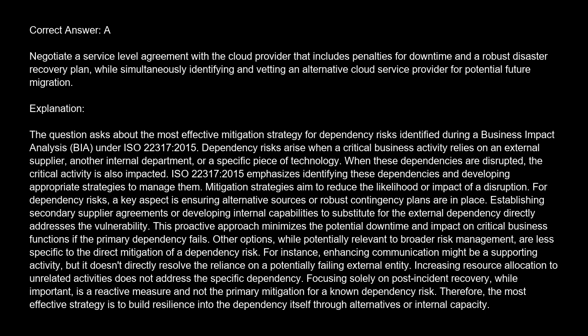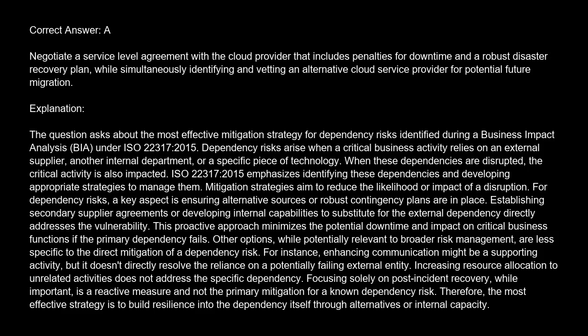This proactive approach minimizes the potential downtime and impact on critical business functions if the primary dependency fails. Other options, while potentially relevant to broader risk management, are less specific to the direct mitigation of a dependency risk. For instance, enhancing communication might be a supporting activity, but it doesn't directly resolve the reliance on a potentially failing external entity.